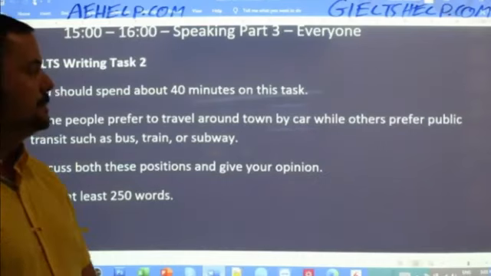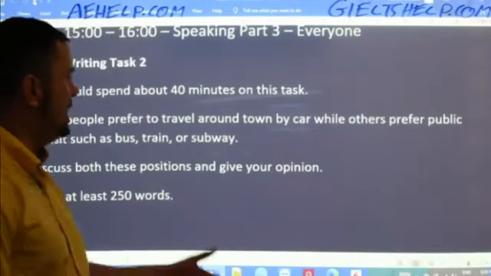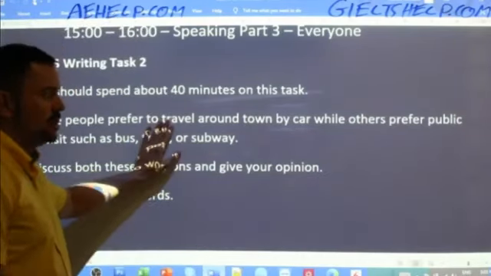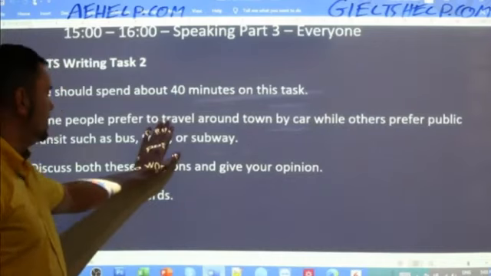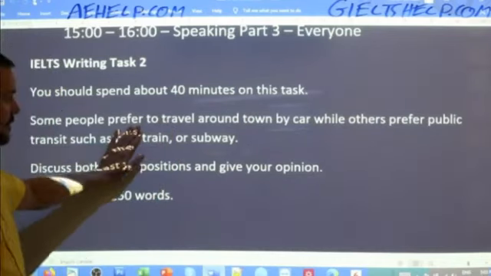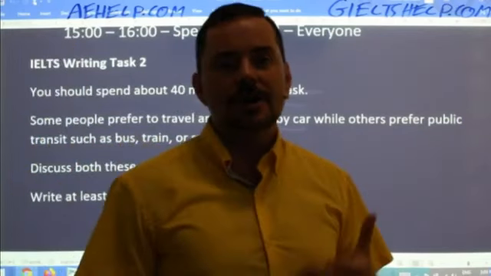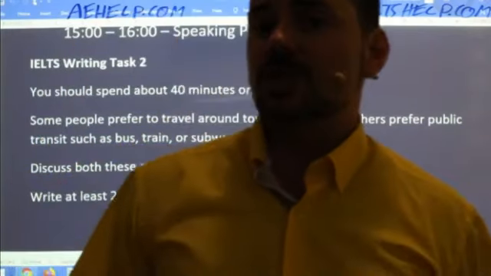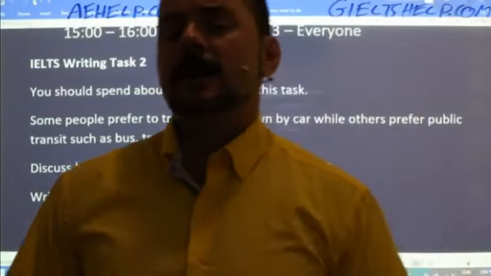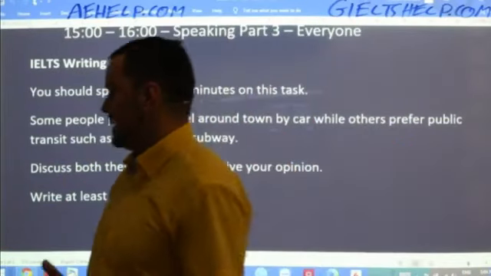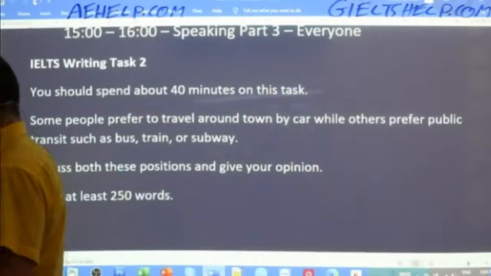Okay, so this question, it's not asking which is better, which is worse. Why? It's just saying that some people prefer to travel around town. So to make sure that you understand the question clearly, you should paraphrase it. Don't assume information.